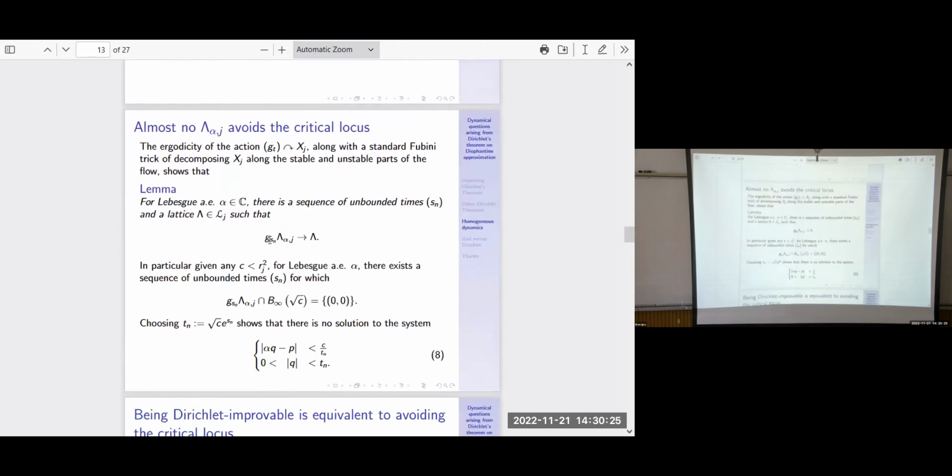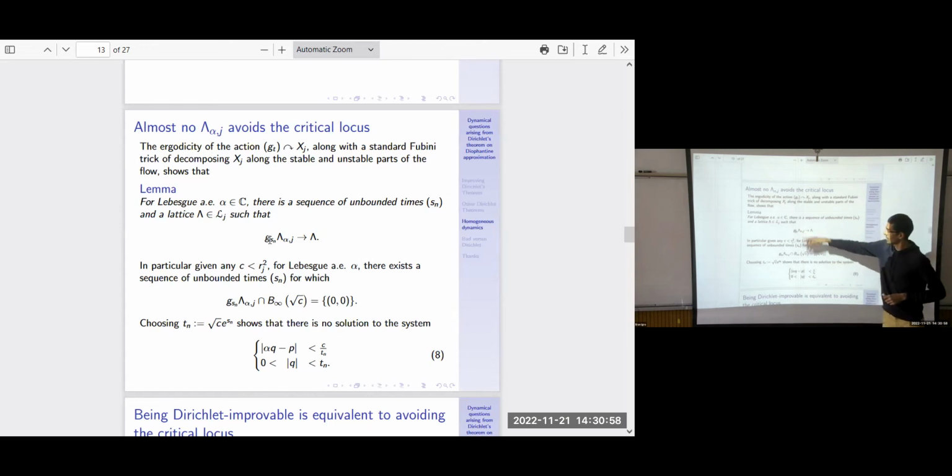As Uli said, ergodicity is going to show the optimality of this constant. So the diagonal action is ergodic on xj.